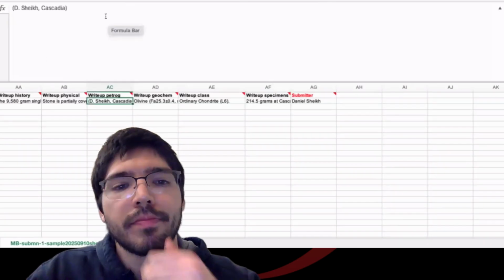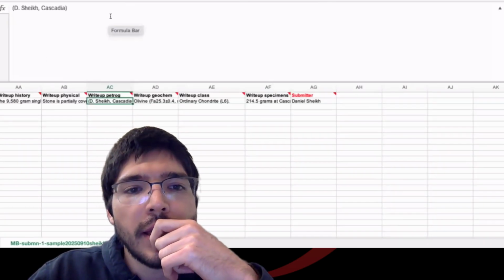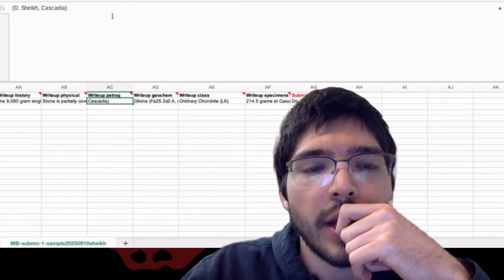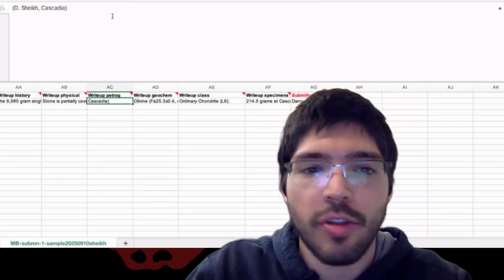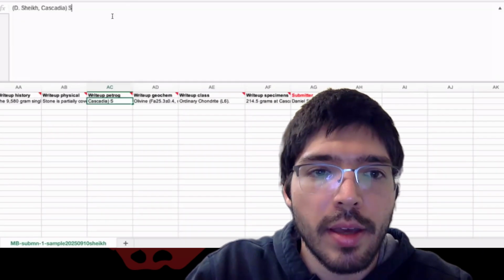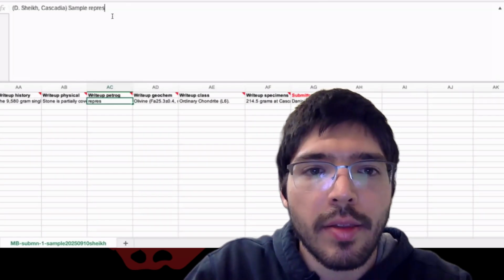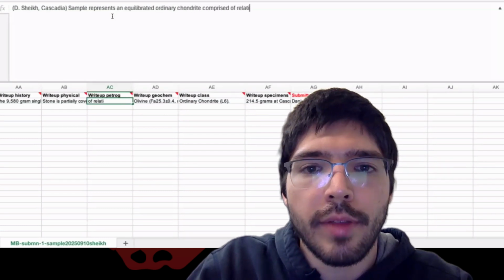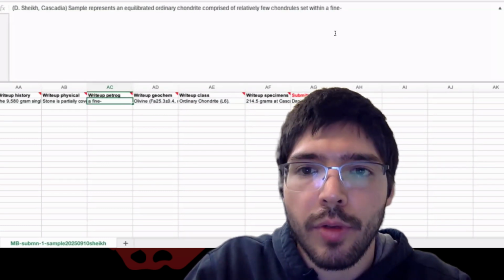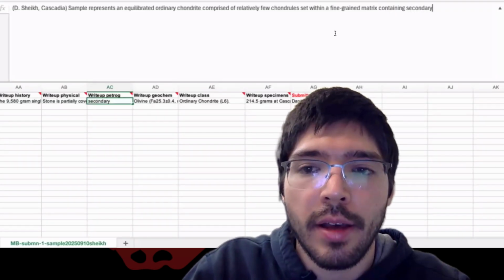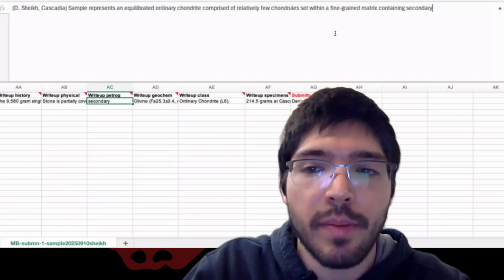So usually what I do is, because this is an equilibrated ordinary chondrite, I usually say just a brief description. So the first sentence is just an overall description of the sample. So I always say sample represents an equilibrated chondrite containing the feldspar grain size, which is very important for that L6 specific petrologic type.